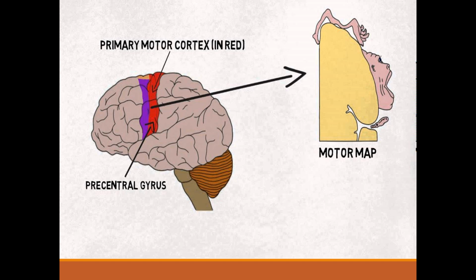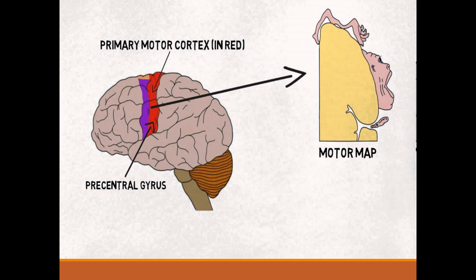Again, you can see that there is a motor homunculus. What is this motor homunculus? This is actually a distorted human figure which is not showing the exact configuration of the normal human body, but it is showing the different parts hypothetically drawn according to their level of representation in the primary motor cortex.